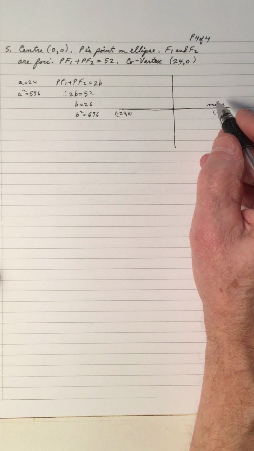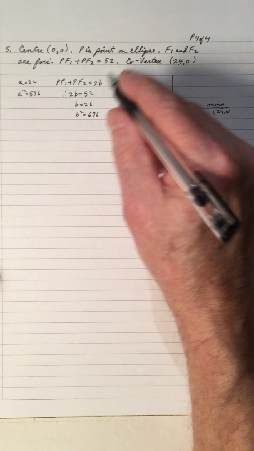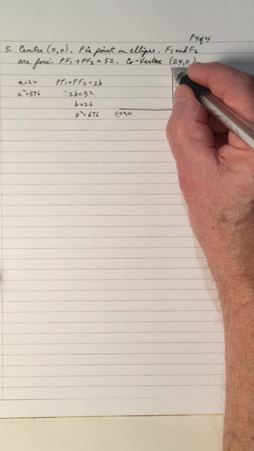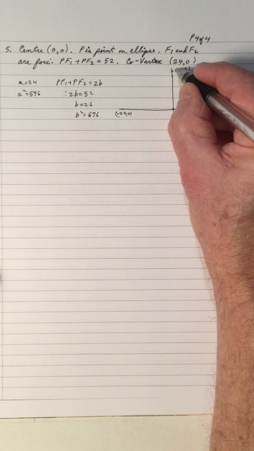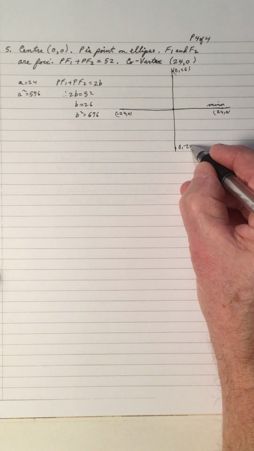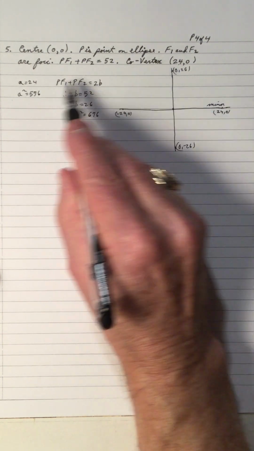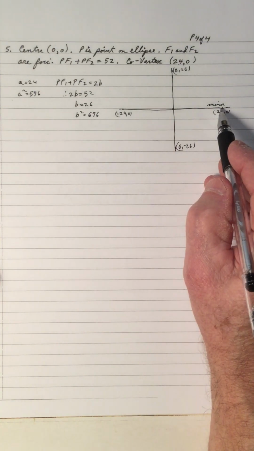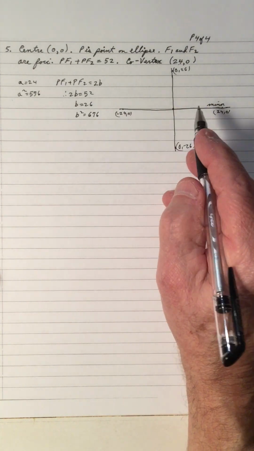So that means that B is the end of the vertices. So that's up here, so that's 0, 26. And this is 0, negative 26. Because A is 24, that means B is 26.